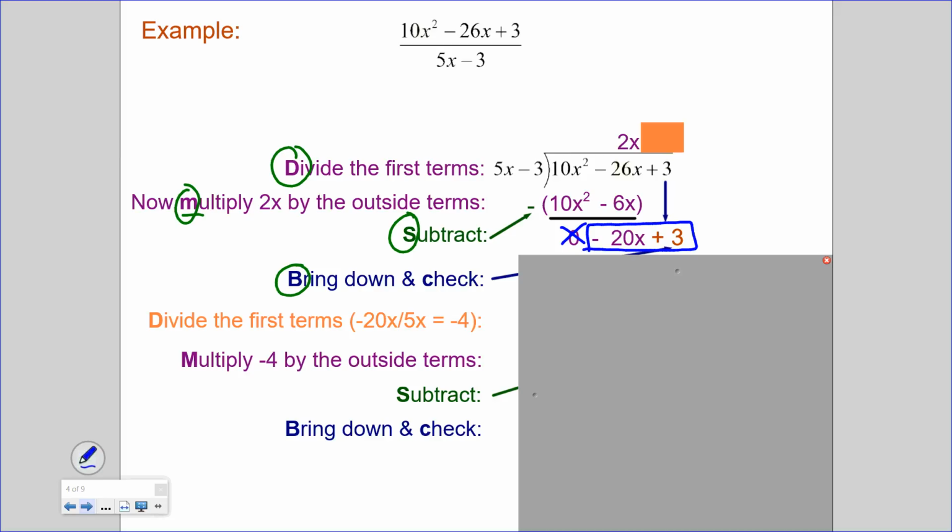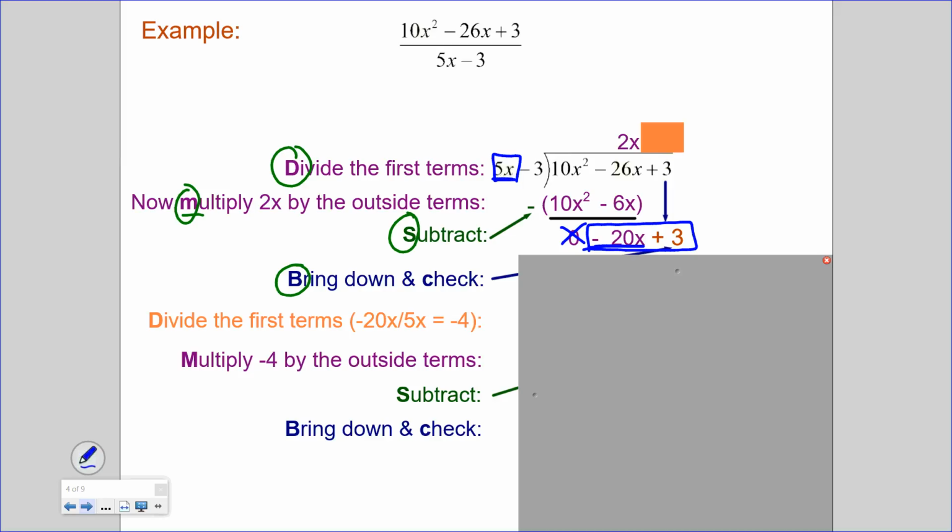We want to go all the way until we get either a remainder or everything goes away. So ask yourself, can negative 20x divide by the first term on the outside, that 5x again? In the divide step we always use the first term on the outside, the 5x. You ignore the 3 for the divide step.